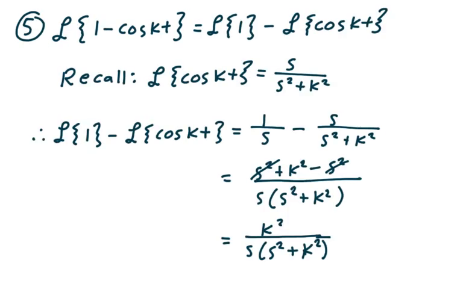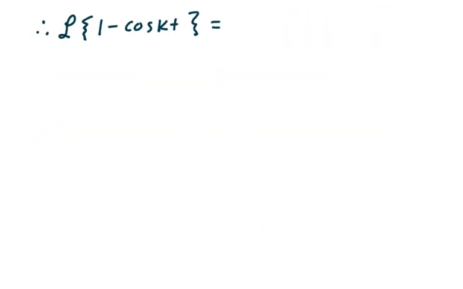Therefore, the Laplace transform of 1 minus cosine kt is k squared over s times (s squared plus k squared).